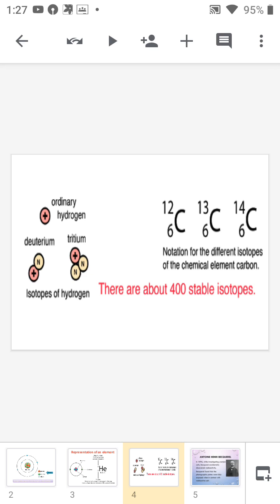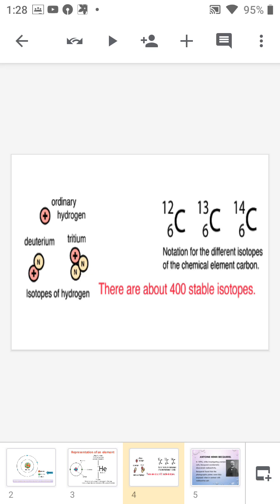So in every atom, we represent the atomic number as subscript and mass number as superscript. For carbon-13, the atomic number is the same, 6, and the mass number is 13. And for carbon-14, the mass number is 14 and the atomic number is the same, that is 6.